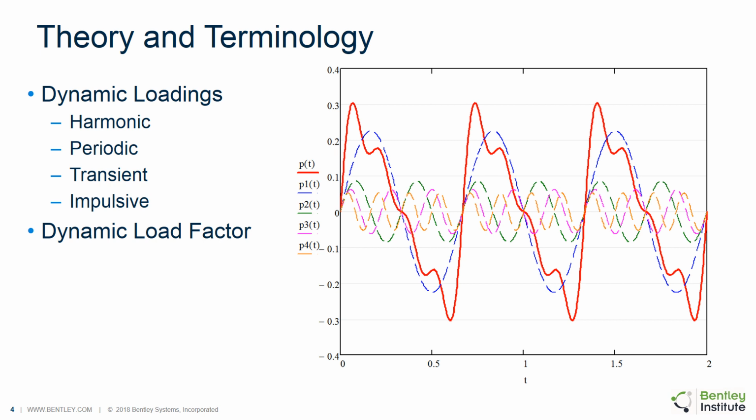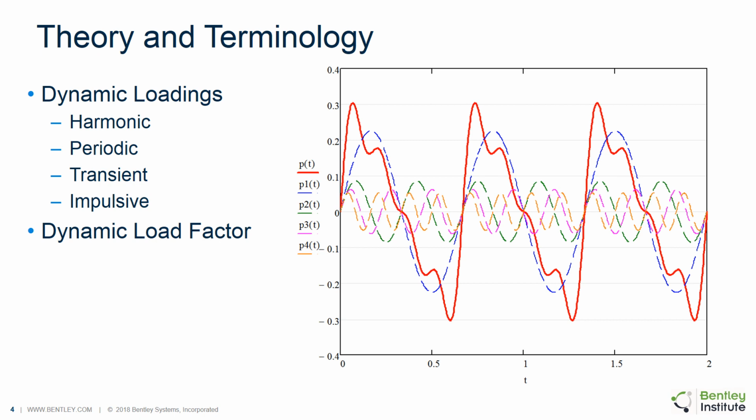The first one is a harmonic loading, which is a pure sinusoidal loading. One example of that here would be the blue line here in the chart. And a practical example of what could cause this would be a piece of machinery that's oscillating at a particular frequency and can cause very predictable sinusoidal loadings. So that's a harmonic load.